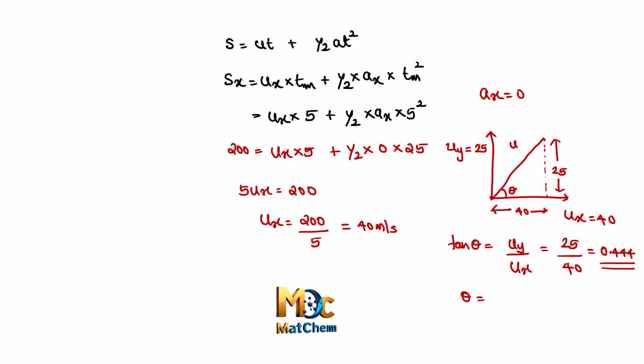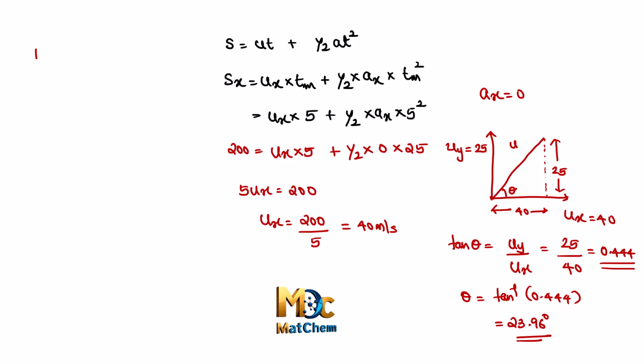That is theta equal to tan inverse of 0.444, which is 23.96 degrees. So we got the angle of projection: the angle made by the projectile with respect to the x-axis or the horizontal is 23.9 degrees.